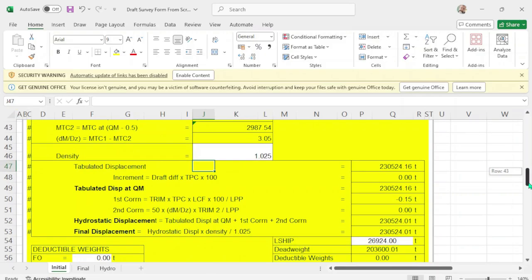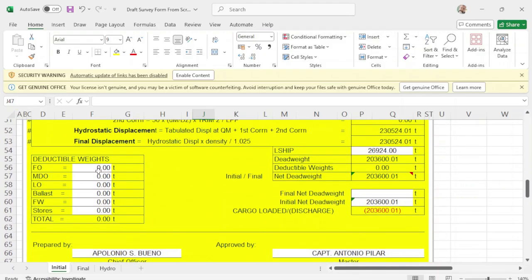Okay, then put in the weights for the FO 6315. DO is 46.6. Ballast is 1132. Freshwater is 375. And constant is 380. And the cargo is same.